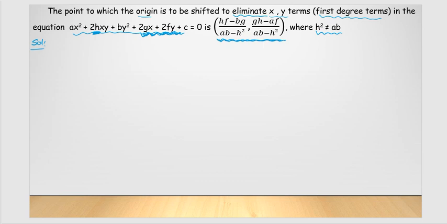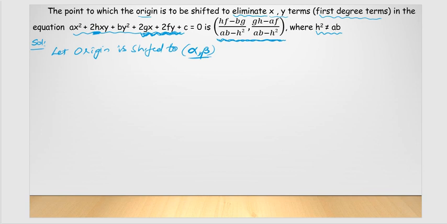We will get confused. So let the origin be shifted to some alpha comma beta. You can take alpha comma beta, or some other symbols you can use here, right? So I am translating, shifting the origin to alpha comma beta.